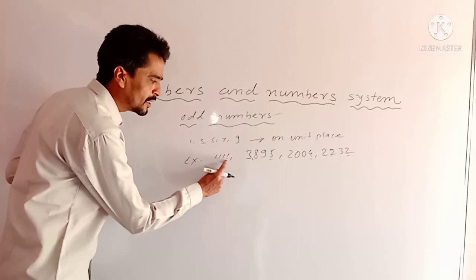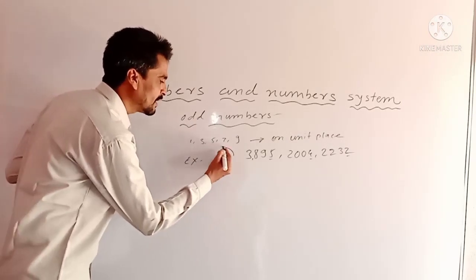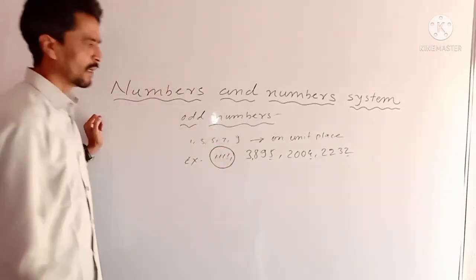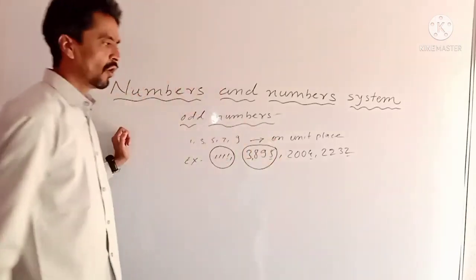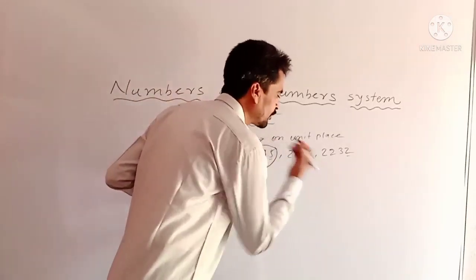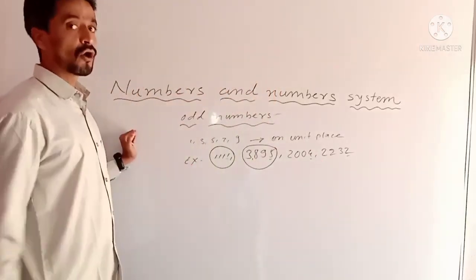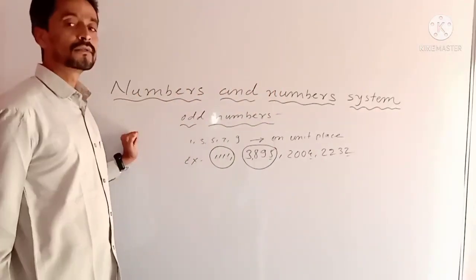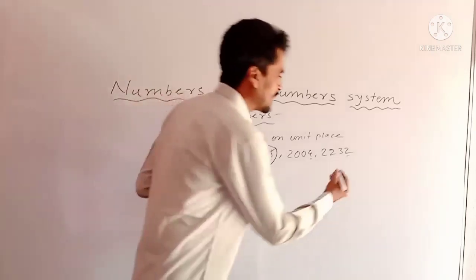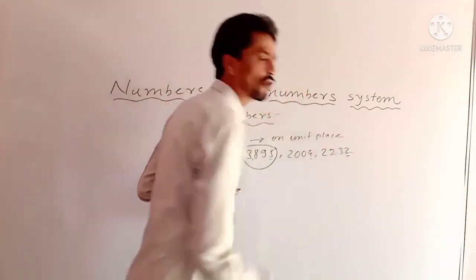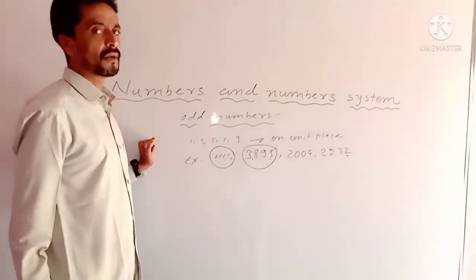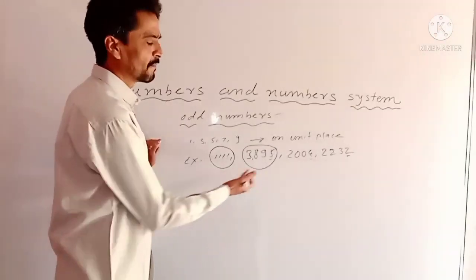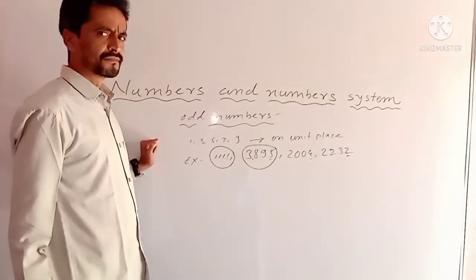There is 1 on the unit place, that's why it is an odd number. 5 is on the unit place, that's why it is an odd number. Here 4 is on the unit place, so that is not an odd number, that is an even number. Lastly, 2 is on the unit place, so that number is called an even number. So we have only 2 odd numbers here.